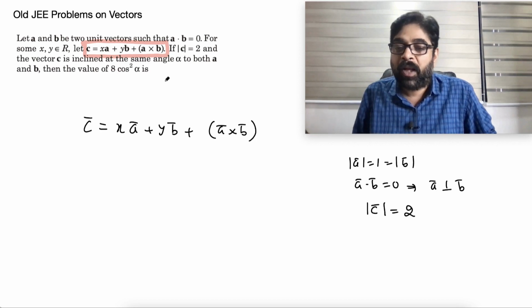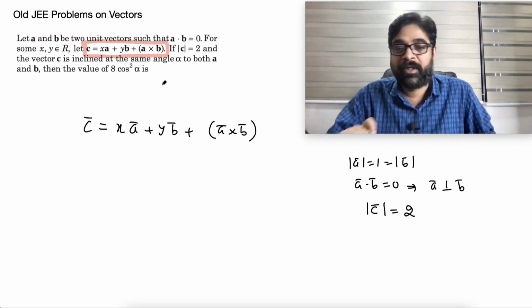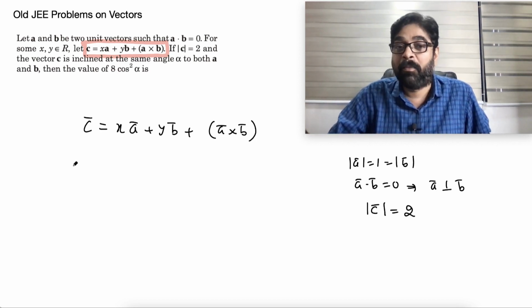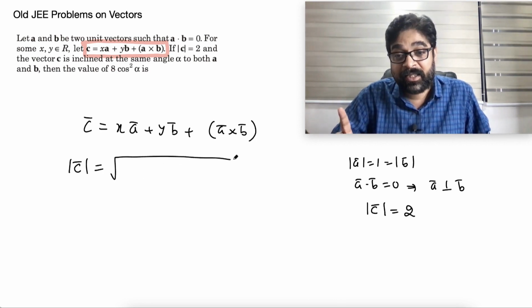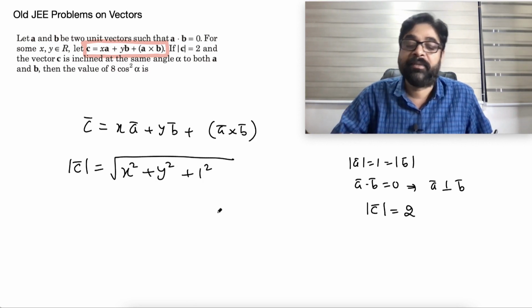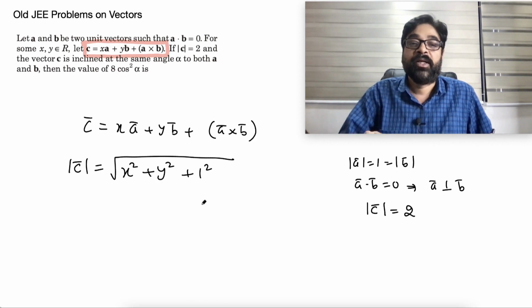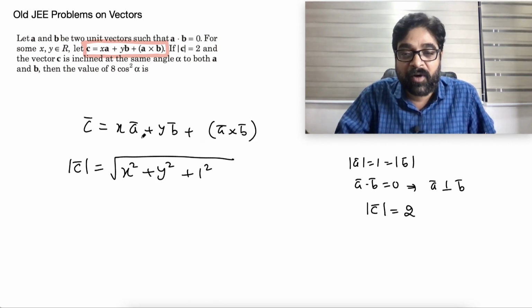One more thing I will tell. If I ask you what will be mod C, mod C from here will be root of x square plus y square plus 1 square. Always remember, you can write this statement only if all three vectors are perpendicular.